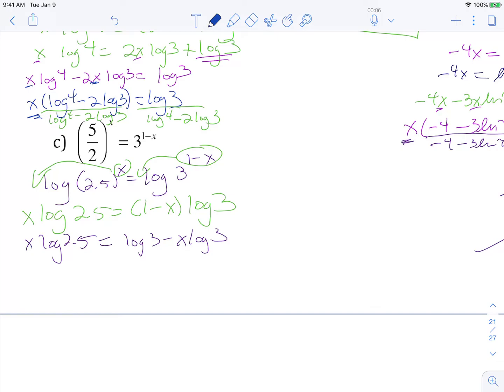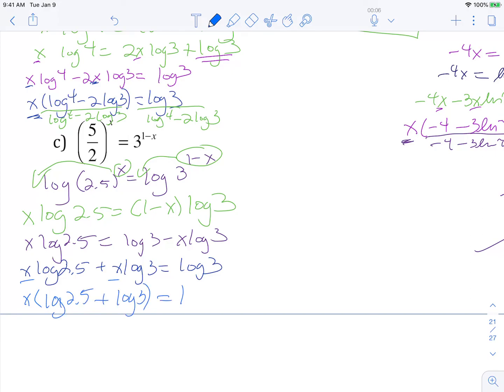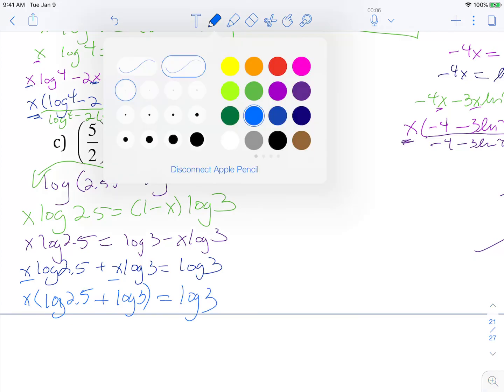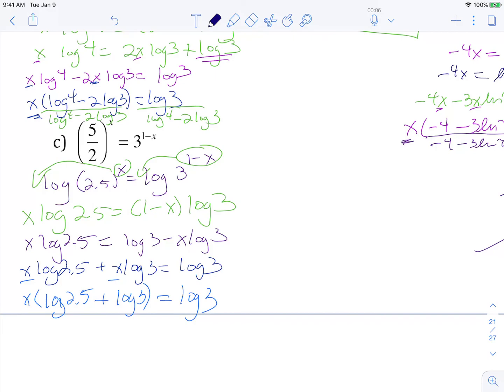I'm going to get the x terms on the same side, so x log 2.5 plus x log 3 equals log 3. Factor out those x's. x times (log 2.5 plus log 3) is equal to log 3. And last is to get the x by itself.